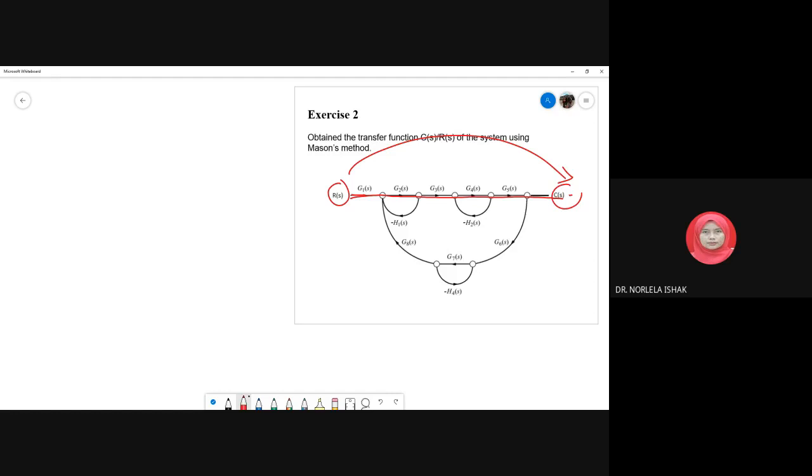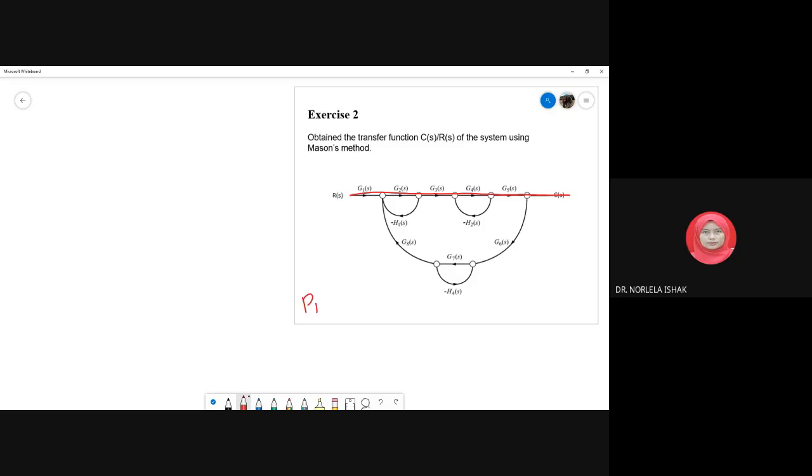You have to follow arrow to define your P1. Dia tak boleh, maksudnya node tu kita tak boleh sentuh 2 kali. Sama juga macam kita buat loop. Okay, so for this example, we have only one forward.